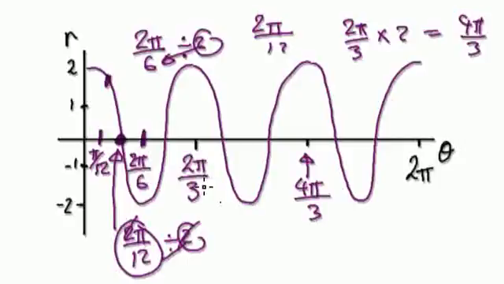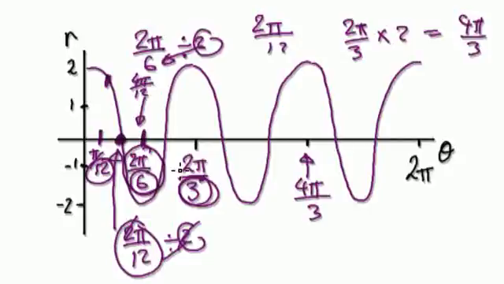Here the denominator is 3, here the denominator is 6, and here the denominator is 12. Work all in terms of 12. Looking at this here, times top and bottom by 2, and you see this point here will then be 4 pi over 12.